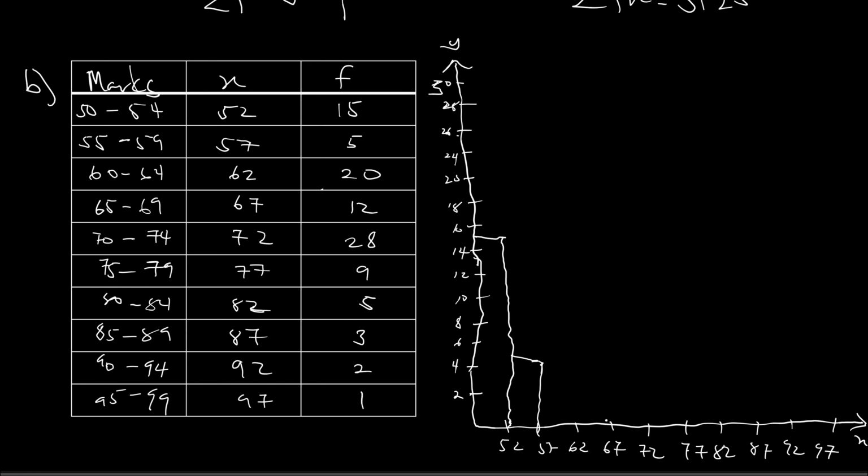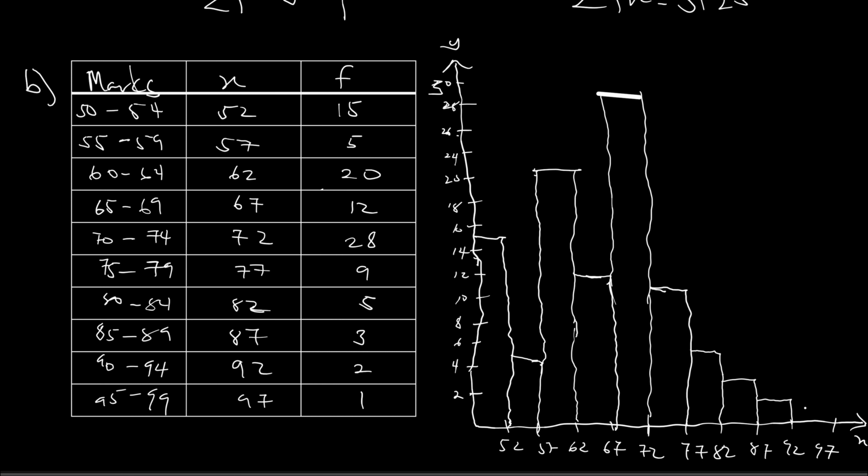Then for 62, we have 20. Should be here. For 67, we have 12. So it should be here. So our histogram should be similar to this.